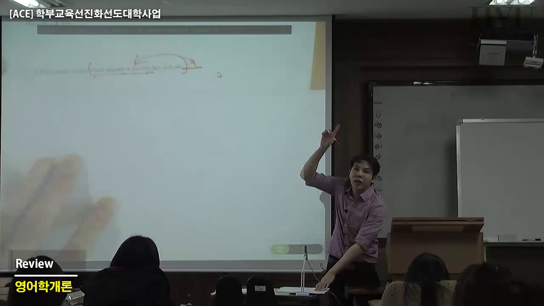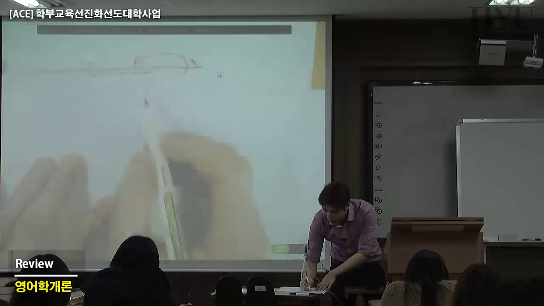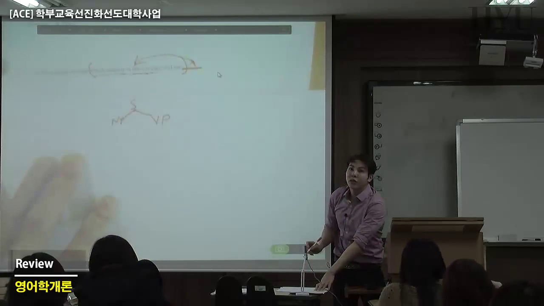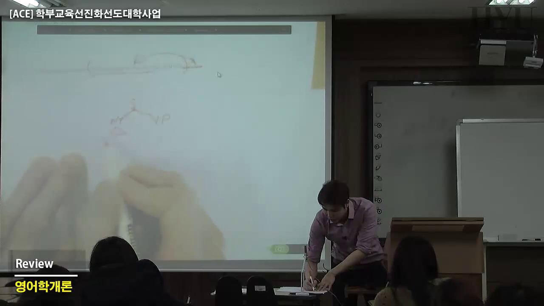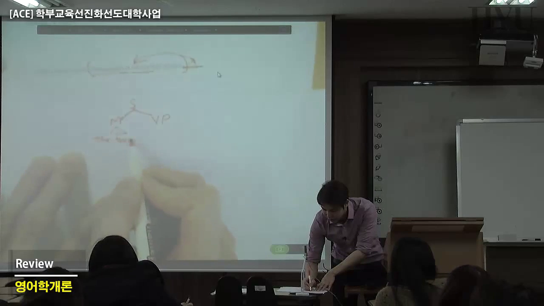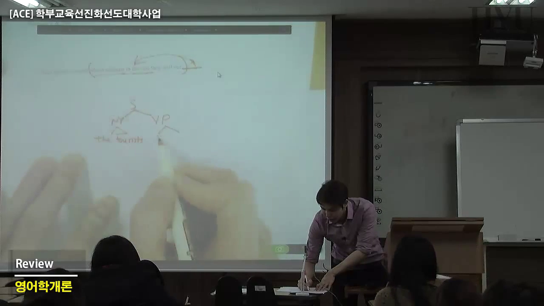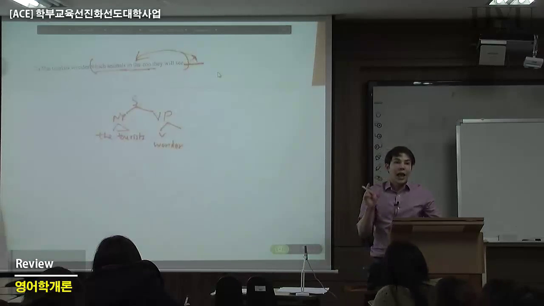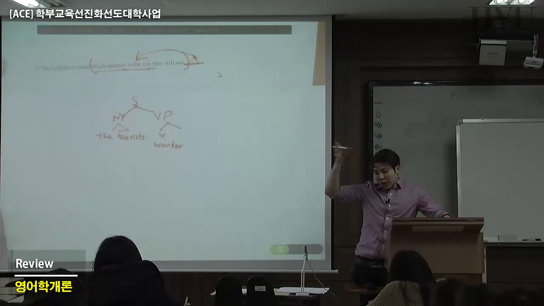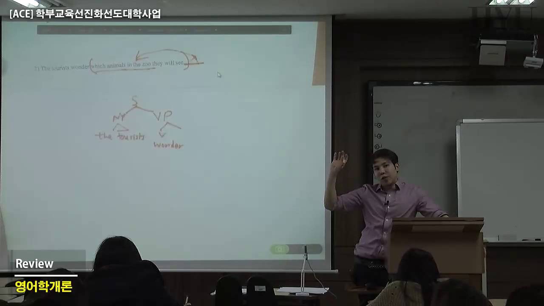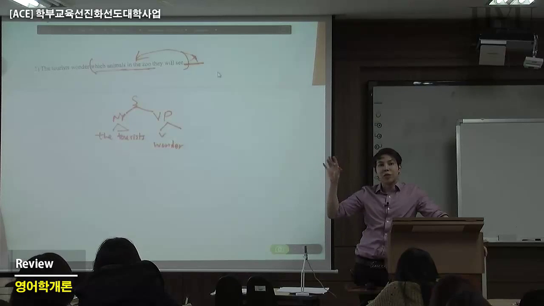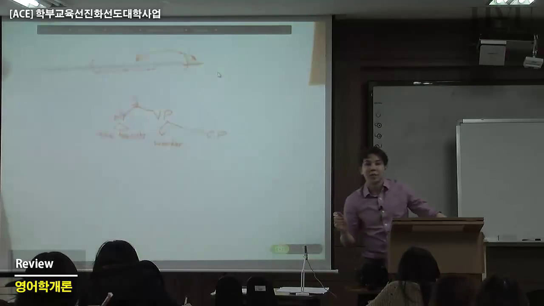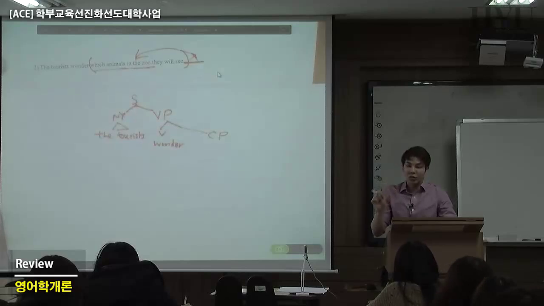So you just write the main clause first, okay? So the main clause is the tourists wonder, right? So this is the tourists, and then wonder is here. So that's the main clause. And now the other part is what we call the embedded part, or the subordinate clause, and it should be in the form of a CP.